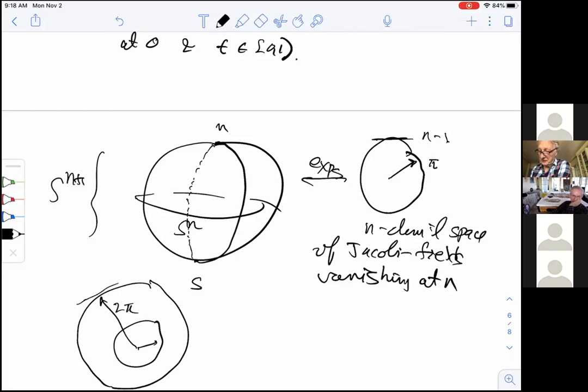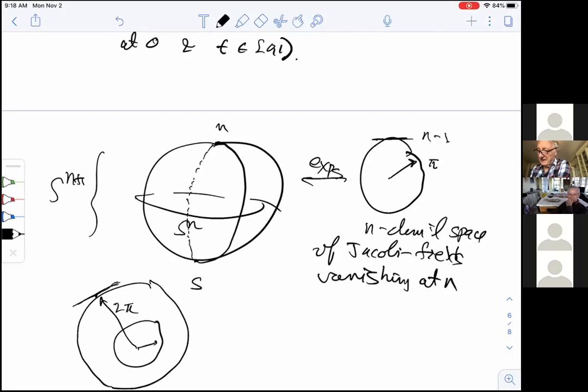Once again, the kernel of the exponential map here has dimension n. So every time this geodesic crosses the North Pole or the South Pole, you have another n-dimensional space of vanishing Jacobi fields.